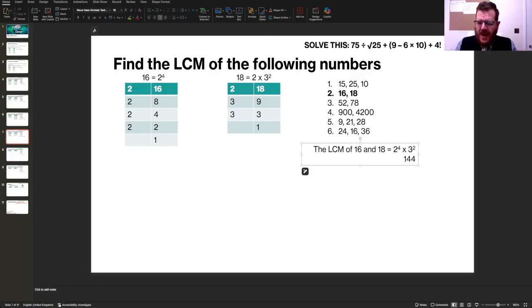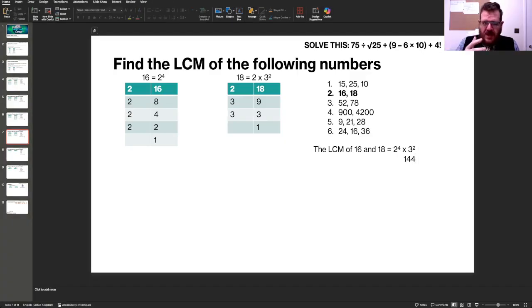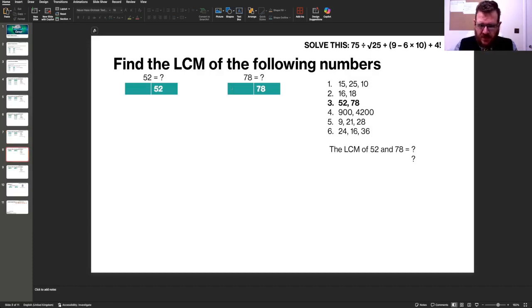And it was only then that I remembered that it's got to include the highest power of each prime factor, which is why I then didn't do it right when I was preparing for this. But I got that right this time, so let's move on to the next pair of numbers, 52 and 78.